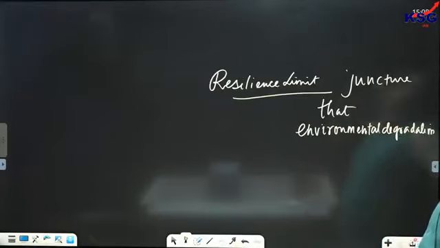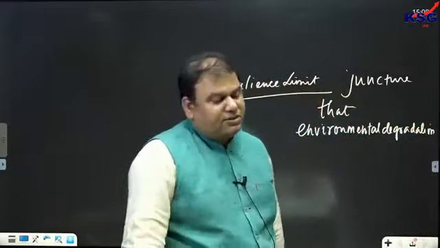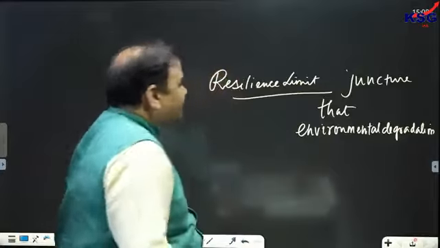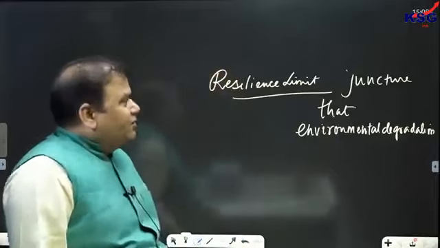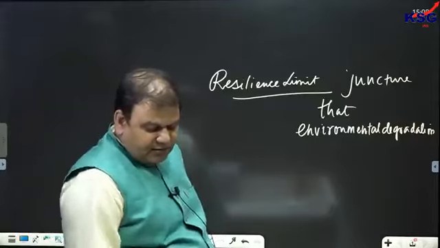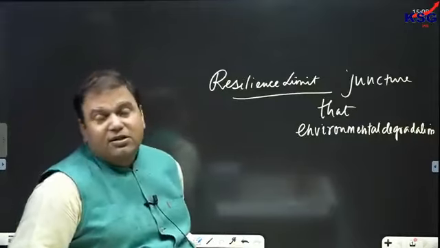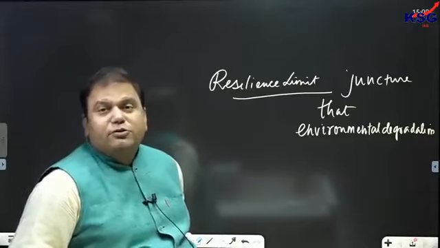So it means that the theoretical definition of environmental degradation is based on the passing of the resilience limit of the ecosystem. And see, I have mentioned two things here: one, the nature, and second, magnitude.